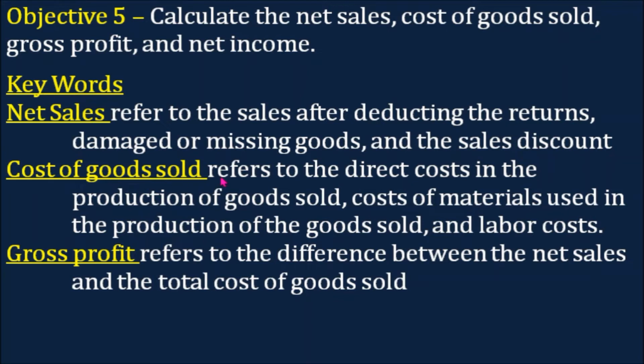Cost of goods sold refers to the direct cost in the production of goods sold, cost of materials used in the production of the goods sold, and the labor costs. Then gross profit refers to the difference between the net sales and the total cost of goods sold.